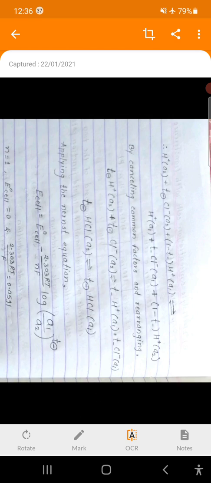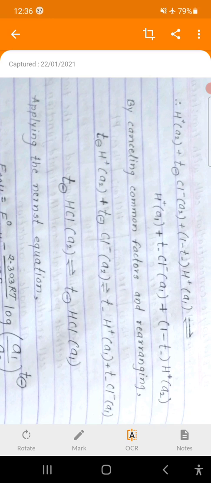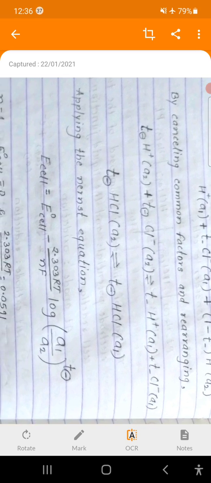Then consider the LHS and RHS of all these three equations and make the sum, and by cancelling common factors we get the equation: t minus HCl having concentration A2 is in equilibrium with t minus HCl having concentration A1. This is the net cell reaction.